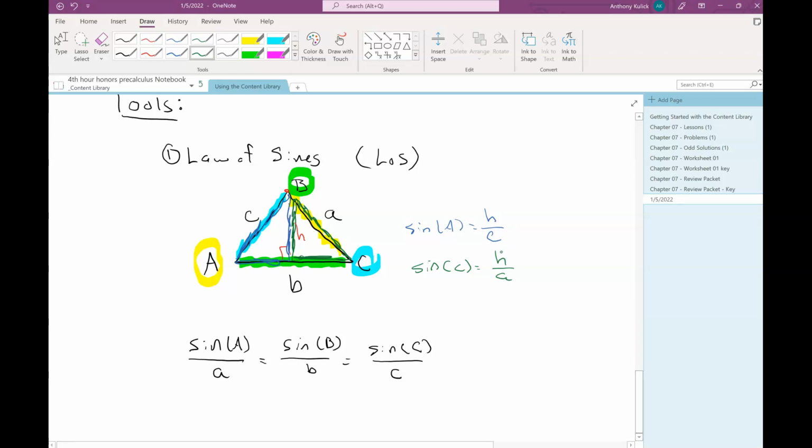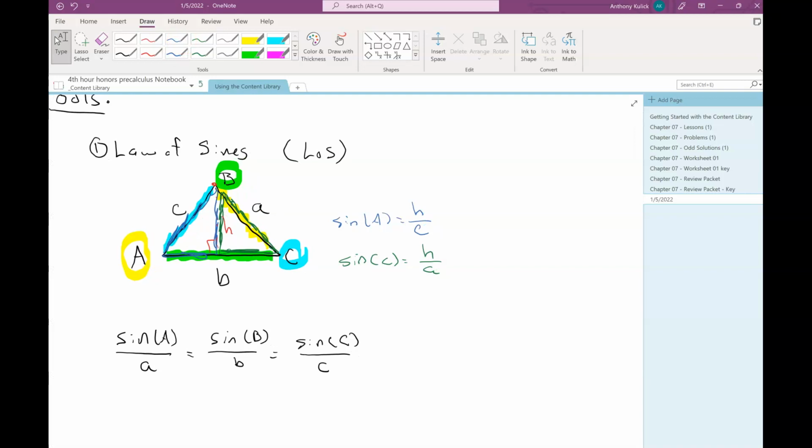Everybody's okay with that? Notice both of these two equations contain an h. So if I solve each equation for h, I multiply the first equation on both sides by c, and the second equation on both sides by a.